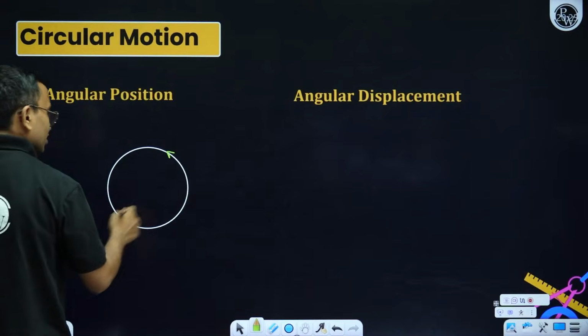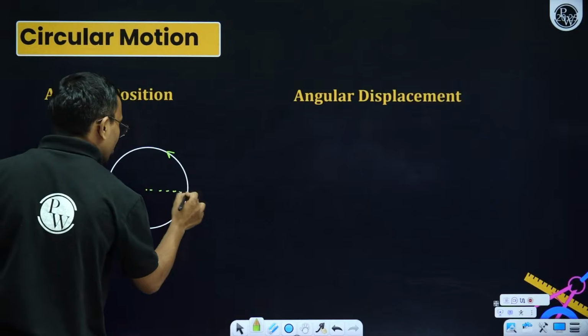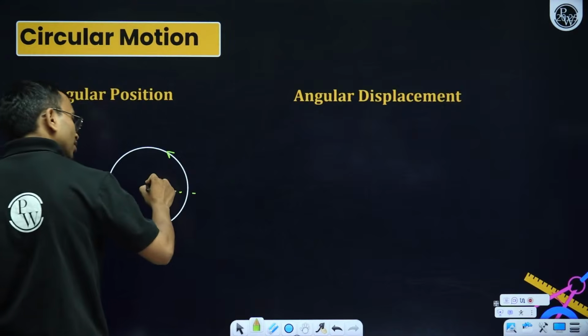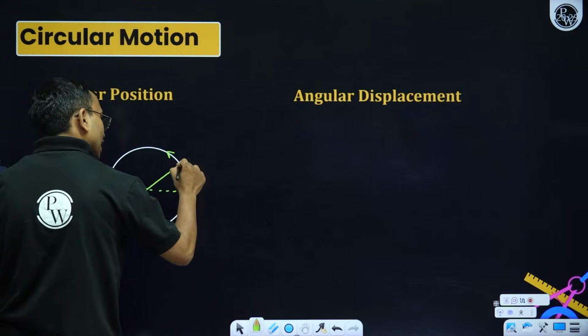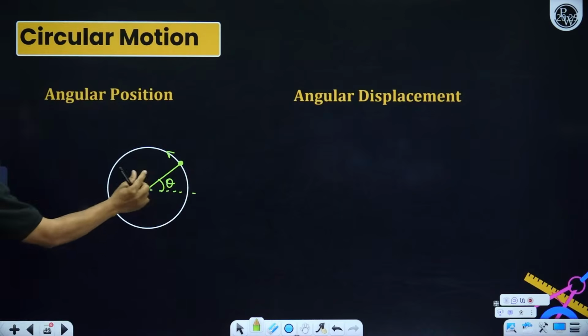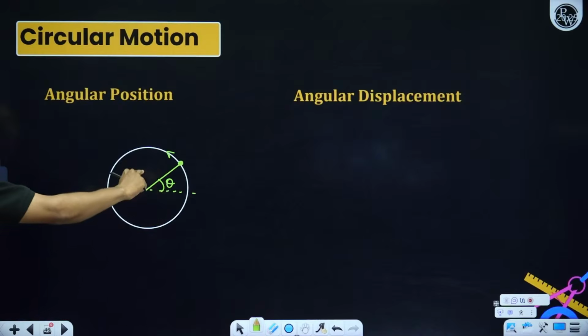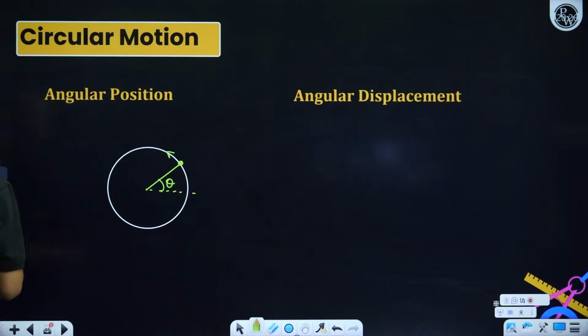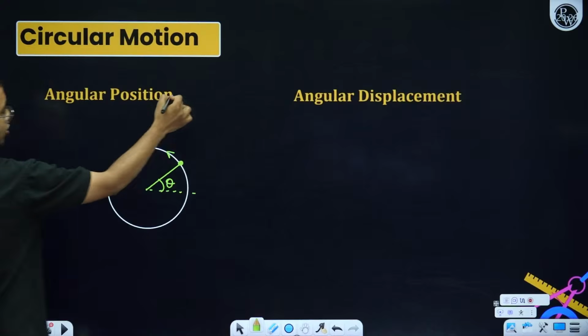At any instant, how do we define the position here? We define the position with the angle of the particle. If the particle is here, I will denote the position with theta. This we call the angular position.